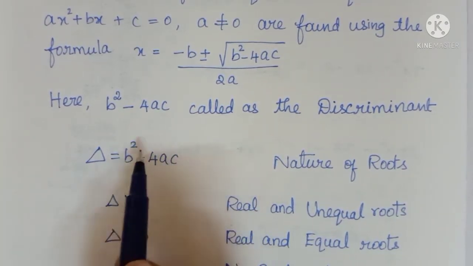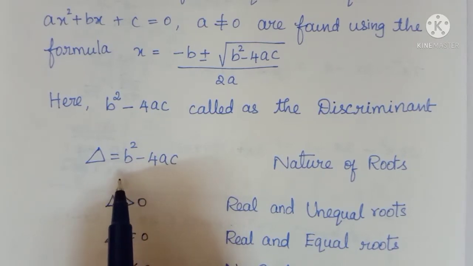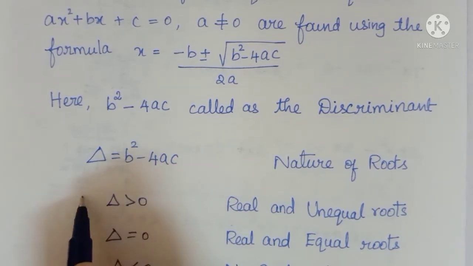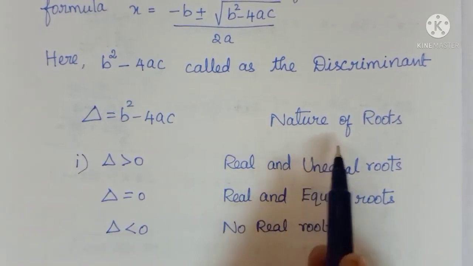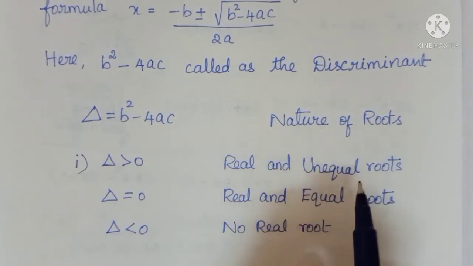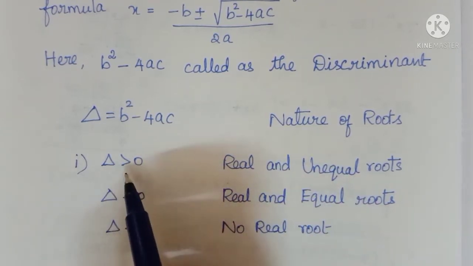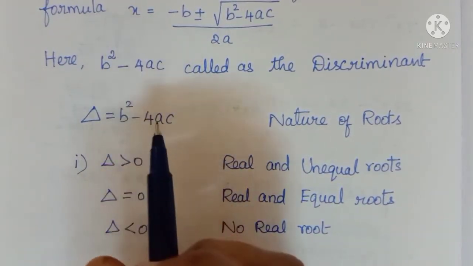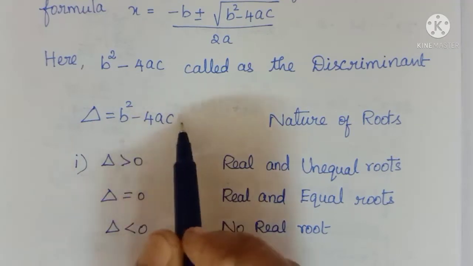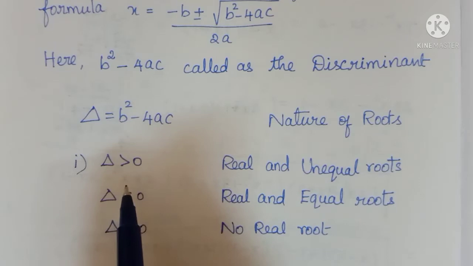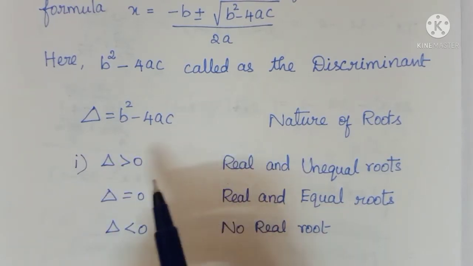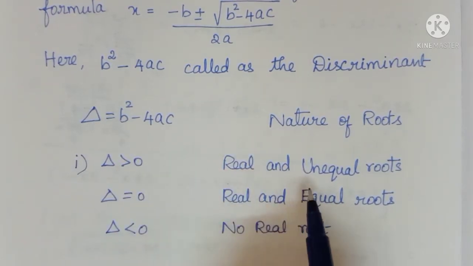This discriminant is either greater than 0, less than 0, or equal to 0. Suppose it is greater than 0, that is the first condition, then we can say the nature of its roots is real and unequal. Suppose a quadratic equation is given, we replace the a, b, c values in the discriminant formula, and if the answer is greater than 0, we can say the roots of the given equation are real and unequal.